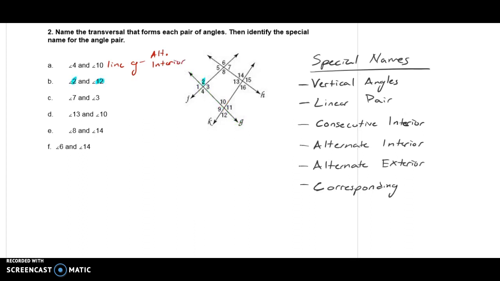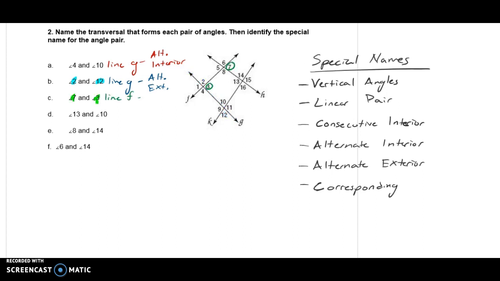The next one is 2 and 12. This line touches it again. Therefore, that is line G. But these are on the outside, so this is going to be alternate exterior. What's the line for 7 and 3?